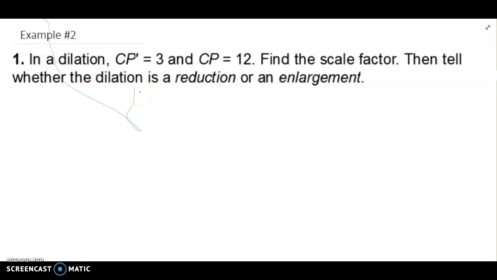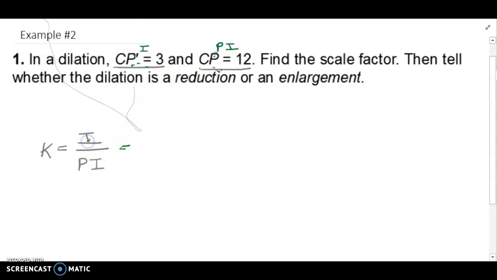All right, it tells us that CP prime is 3 and that CP is 12, and we want to find the scale factor. Remember, the scale factor is image over pre-image. Now I need to decide which one is the image and which is the pre-image. P always comes before P prime, so this has to be the pre-image and this has to be the image.